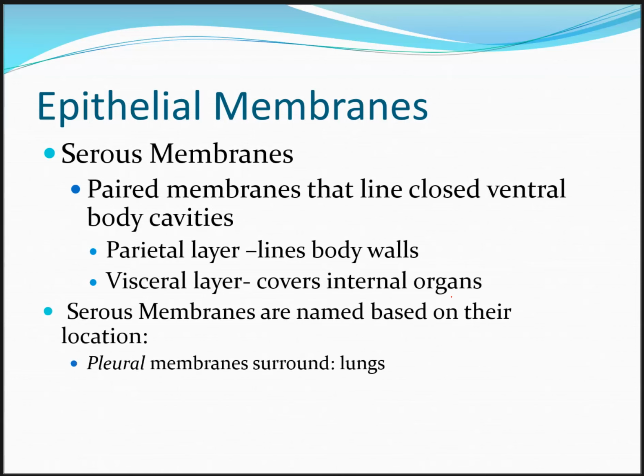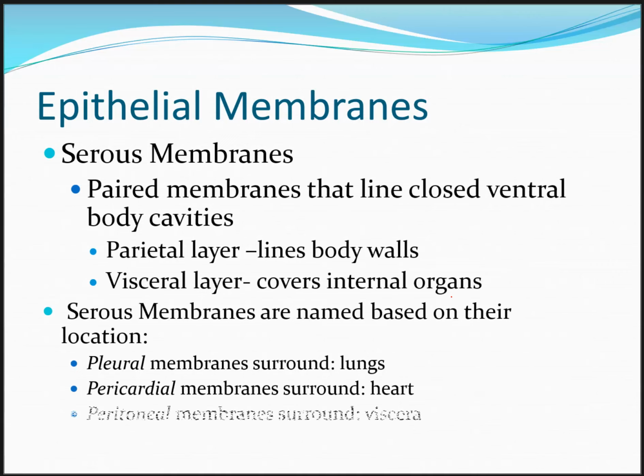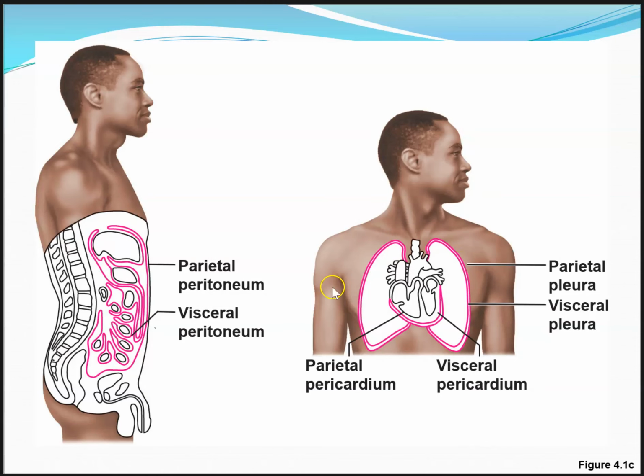All right. So pleural membrane is the membrane surrounding the lungs. Pericardial membrane is the membrane surrounding the heart. Peritoneal membrane is the membrane surrounding the visceral peritoneum, which is the intestinal or digestive tract.